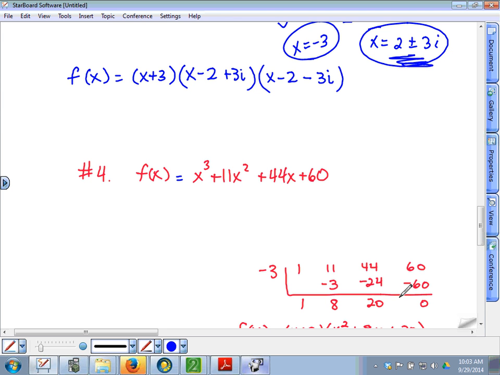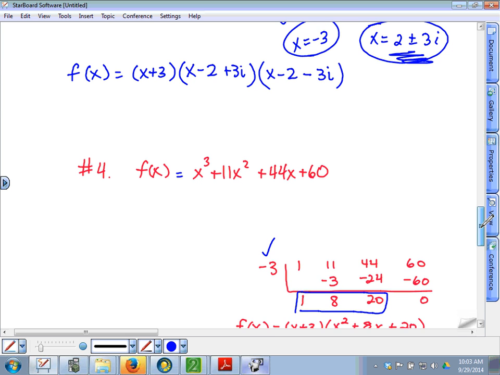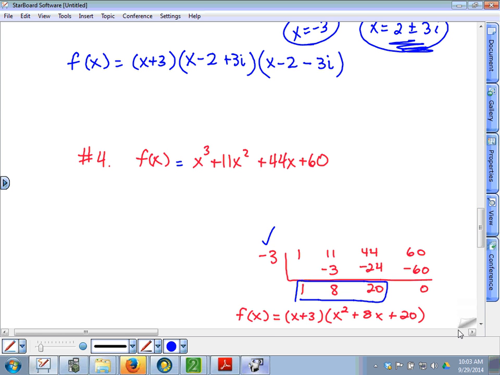To prove not only that -3 worked, but also to find what the other factor was, x squared plus 8x plus 20. So hopefully you got to there. f of x equals x plus 3 times x squared plus 8x plus 20.